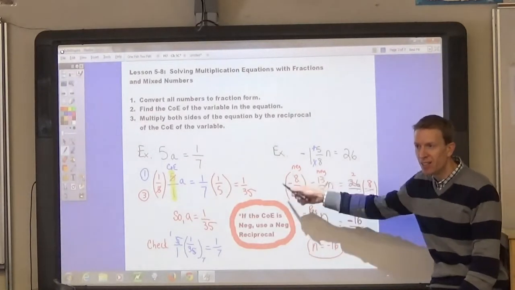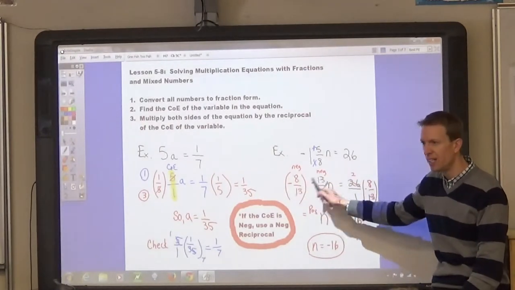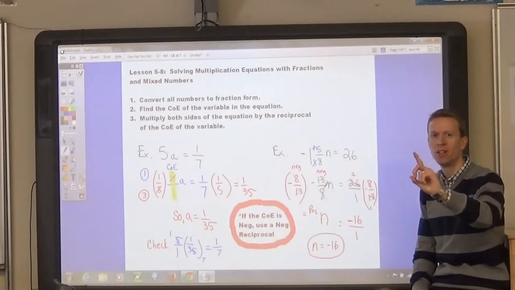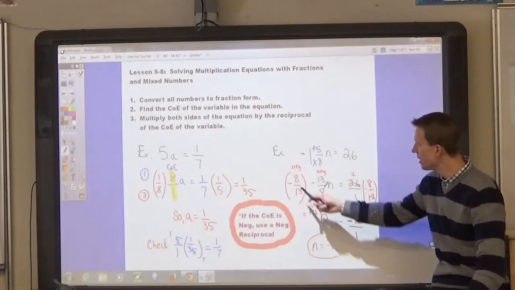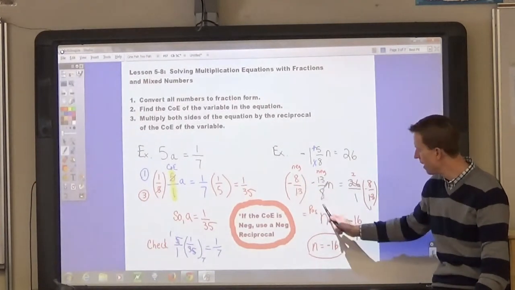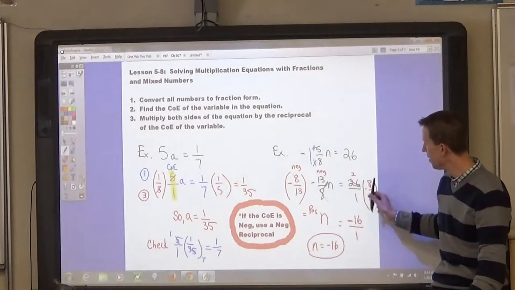They're reciprocals. See, 8 and 8, 13 and 13, right across from each other. These would all cancel out to be positive 1. Right? So we have to use this as our reciprocal. Multiply it on this side to get positive n. And then multiply it on the other side.